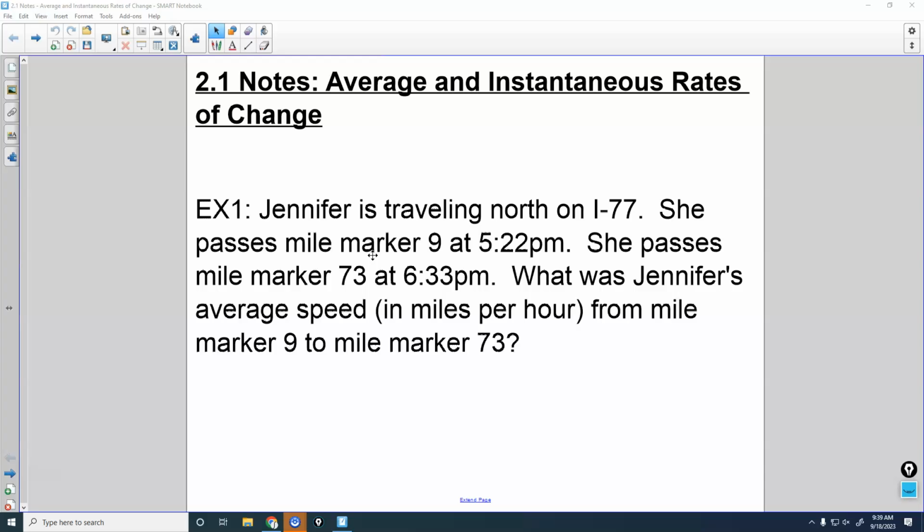I don't even have my calculator out. That's because you don't have 0.9 miles per hour. You have 0.9 miles per minute. So that needs to be changed to miles per hour.